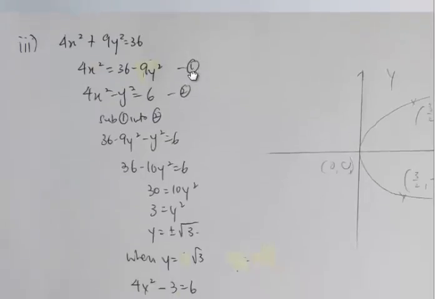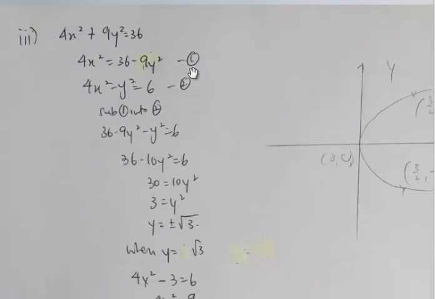For part 3, we are asked to find the equation of the parabola, given that this graph passes through the origin and the points of intersection between the first two curves. So firstly, we need to find the point of intersection between the first two curves. We know the equations of the first two curves, which are 4x squared plus 9y squared equals 36, and 4x squared minus y squared equals 6.